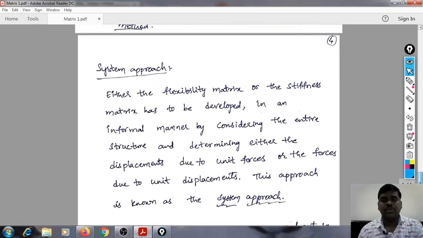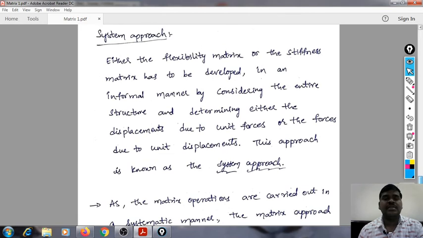Next, the most important is the system approach. We have two types of approach, that is the system approach and the control approach. According to our syllabus we have the system approach. So this can be asked as a short answer.